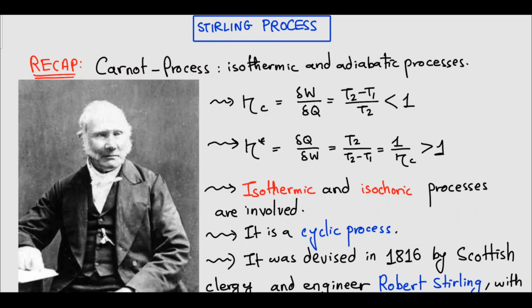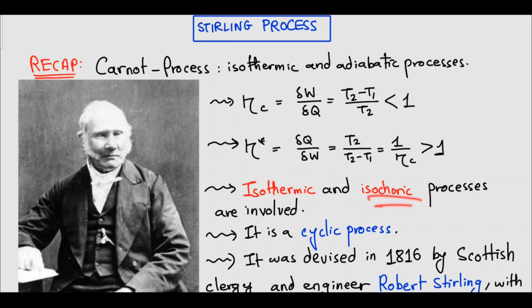So basically the boundaries are innate to energy transfer, and that would mean that there must be a lot of engineering that goes into building such a boundary, which is not simple. And that's why we have the Stirling process now, which is basically having isothermic and isochoric processes.